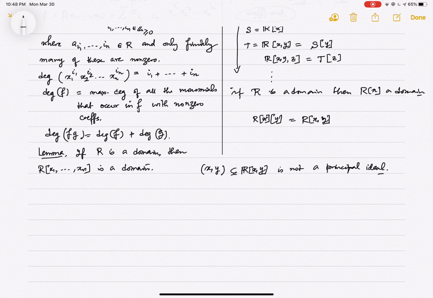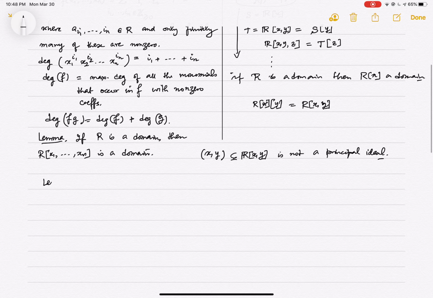I want to mainly state this lemma, which gives you a tool to construct homomorphisms from a multivariable polynomial ring. And a special case of this you have already seen.